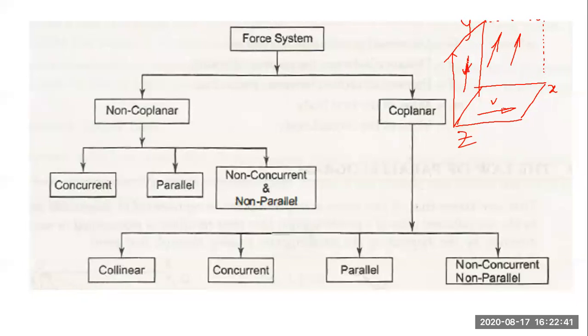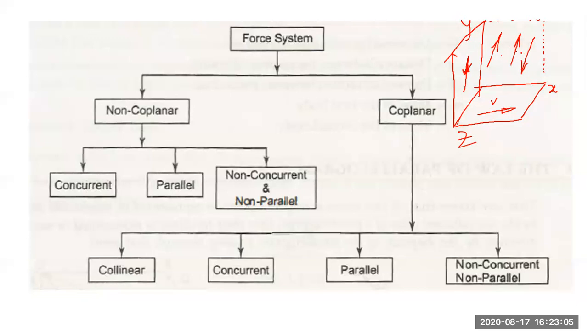Now, these two forces are called likely coplanar. That means they are in the same plane and both of them are in almost the same direction. And these two forces are called unlikely coplanar because these are of different directions or opposite direction.